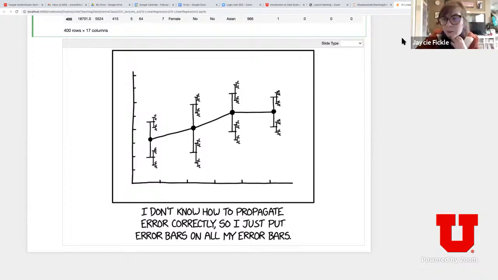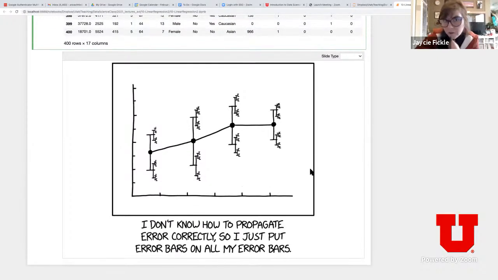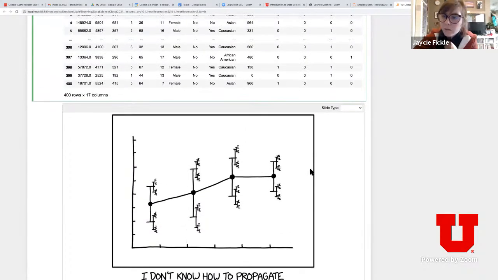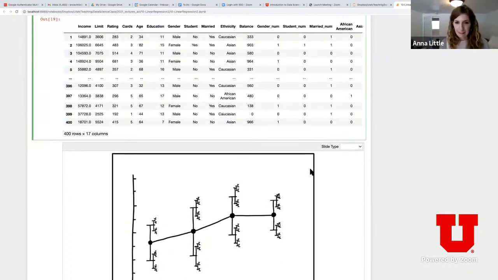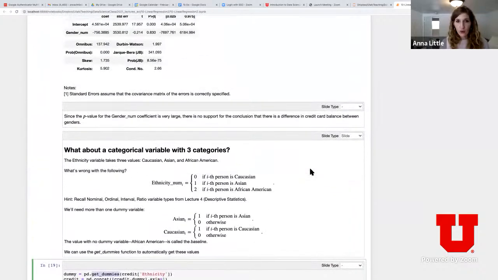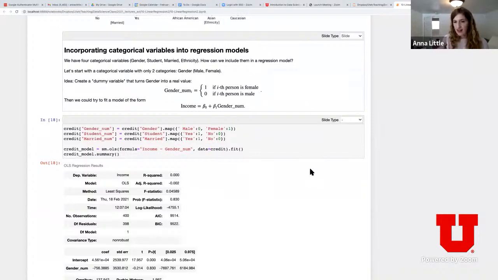Hi, I have a couple questions. When you were talking about a linear regression with categorical, so you assign a 0 or a 1, how does that differ from a logistic regression? Oh, excellent question. What we talked about is using a 0 or 1 as your predictor.